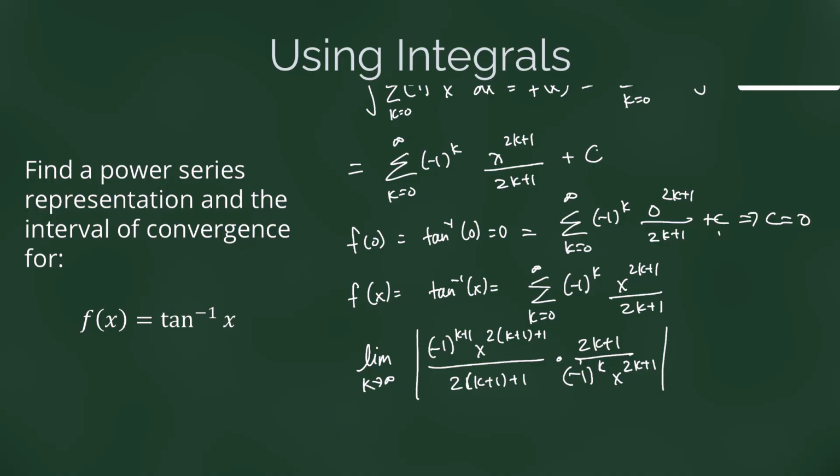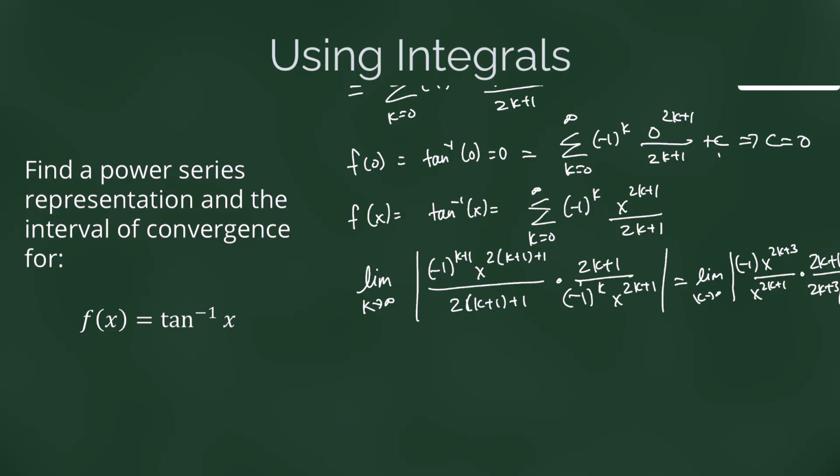gives us, do a little bit of algebra now, the limit as k goes to infinity of the absolute value of, we get a -1 there. We have x to the 2k plus 3 over x to the 2k plus 1 times 2k plus 1 over 2k plus 3.